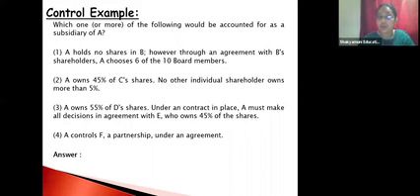A cannot take a decision without the acceptance of E. Now tell me, who is a subsidiary? Is D a subsidiary of A or of E? Point number 3, who is a subsidiary of A? No one is a subsidiary of A. So D is a subsidiary of E because E has control over D.